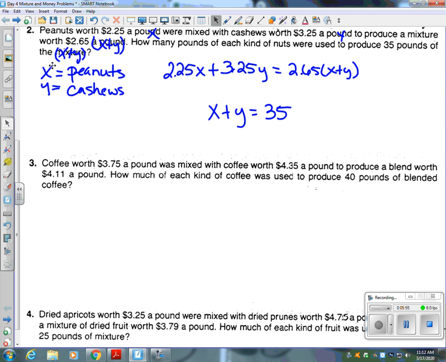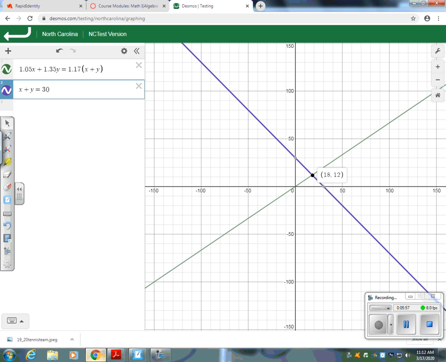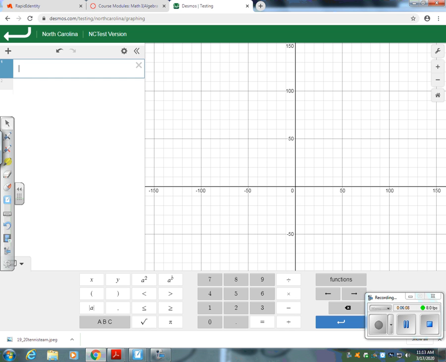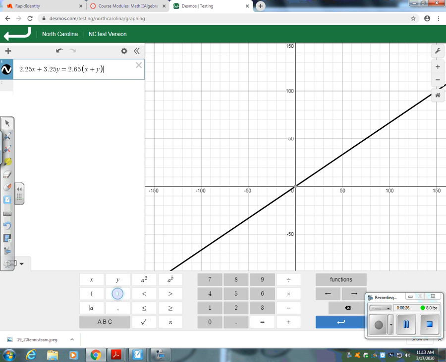Okay, go back to Desmos. Let's pull up our bottom part, and we're looking at $2.25 times X plus $3.25 times Y equals $2.65 times X plus Y, because there's your mixture.